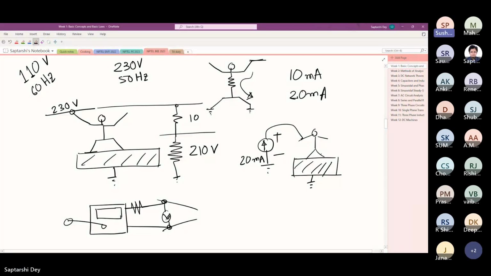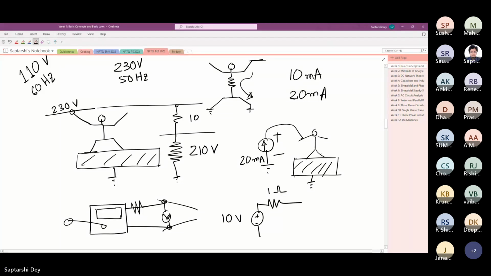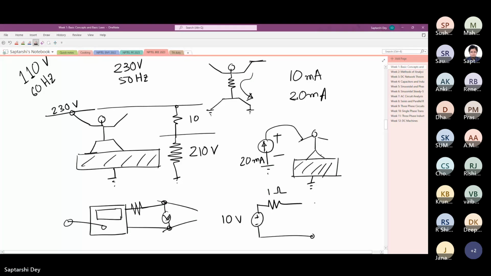Can you repeat it, sir? Suppose I have a 10 volt source. Let us say a DC source. I have a 1 ohm resistance here. Now if I put a voltmeter here and measure, how much voltage shall I get?